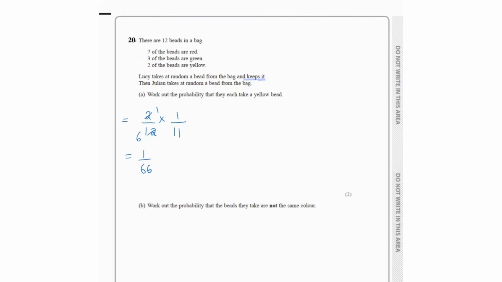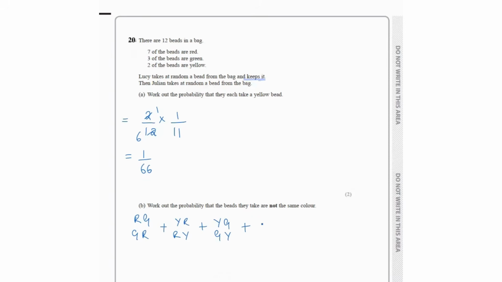Then work out the probability that the beads they take are not the same color. So that means Lucy can take red and then Julian can take green, or it can be green then red. Then yellow, red, red, yellow. Yellow, green, green, yellow.